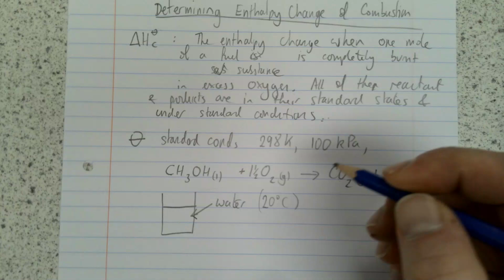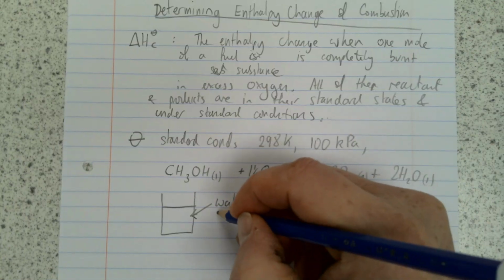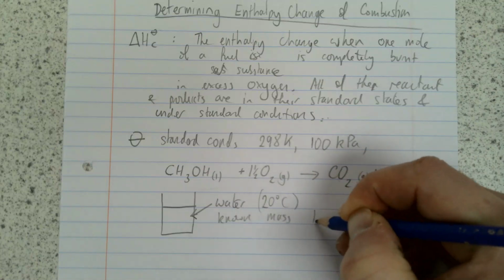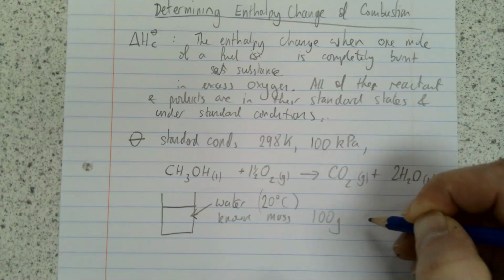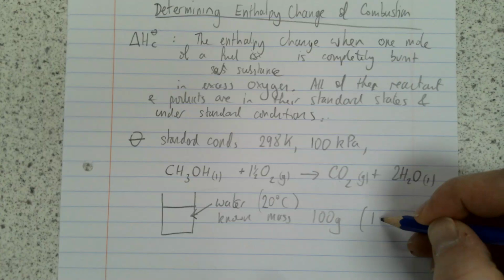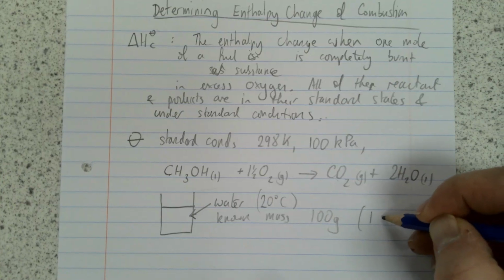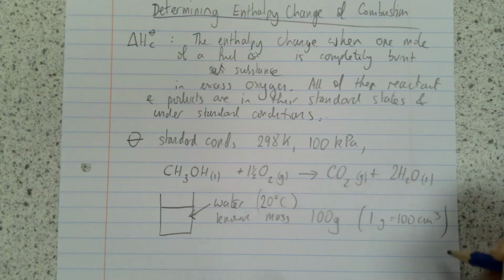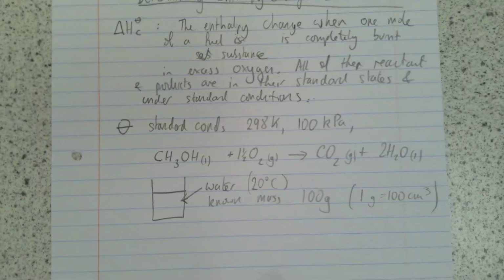I'll refer to that again in a second. And it was of a known mass, which was 100 grams, which you worked out because we know the density of water is 1, so 1 gram is equal to 1 centimetre cubed. So you measured using a measuring cylinder 100 centimetres cubed of water.